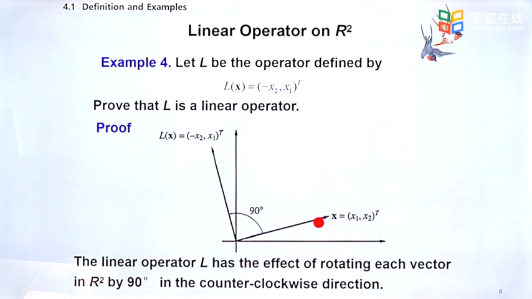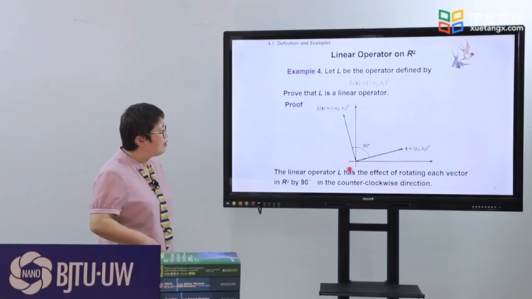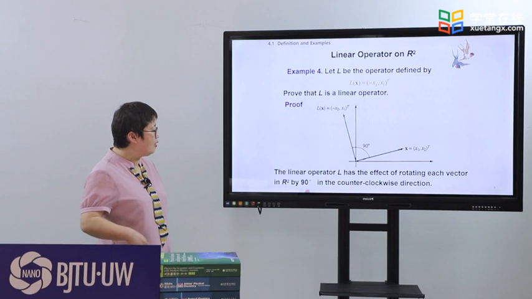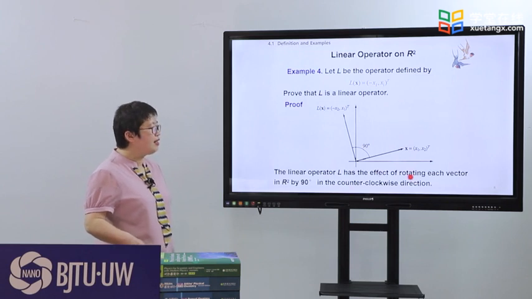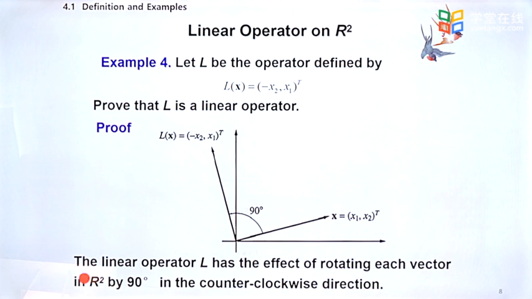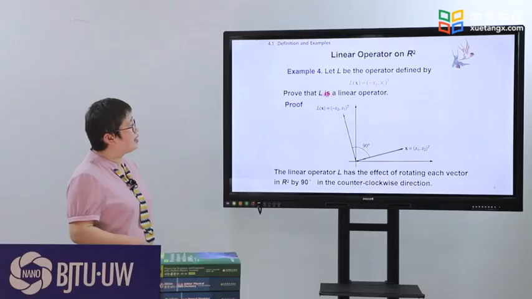When the original vector x is here, after applying L to x you get this vector (-x2, x1). These two vectors are perpendicular; they have an angle of 90 degrees. So this linear operator L has the effect of rotating each vector in R2 by 90 degrees in the counterclockwise direction. This is also a linear operator. You can check.